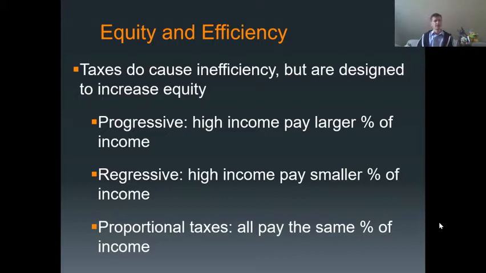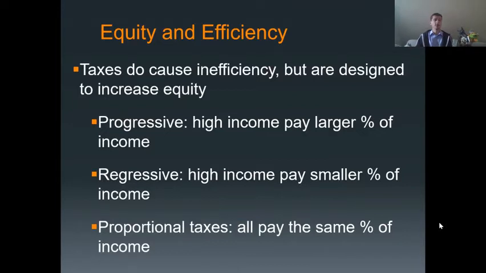A regressive tax is the opposite. Higher income pays a smaller percentage of their income in taxes. Now, this could be done not even necessarily through an income tax. So we'll talk about regressive taxes mainly through sales taxes.